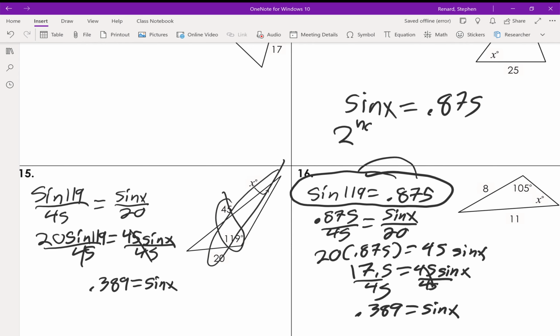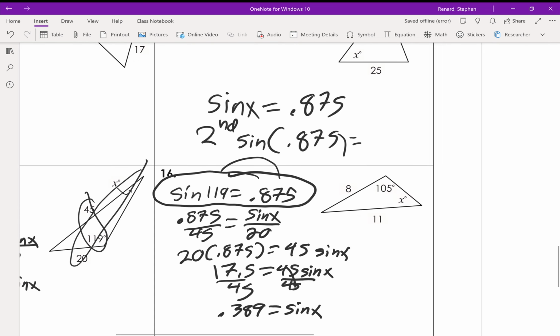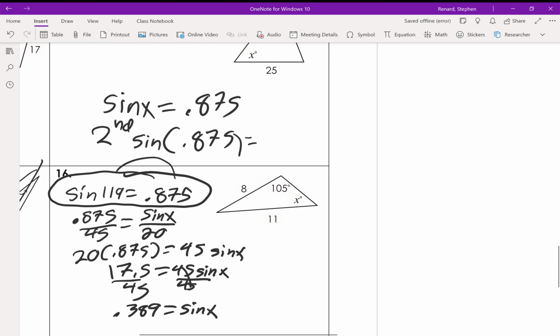I could hit second sine, or inverse sine, depending on the calculator, of 0.875. Well, it would give me 61, but that's slightly different. So I picked a bad example to do that with.